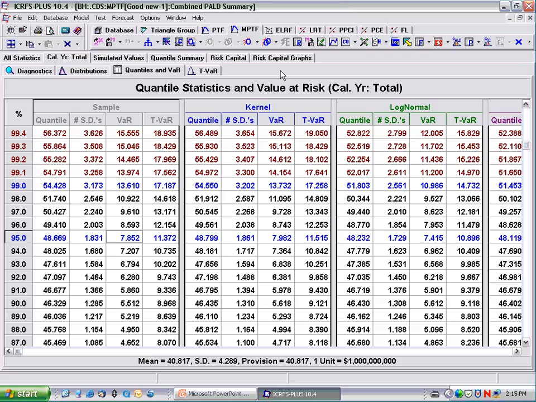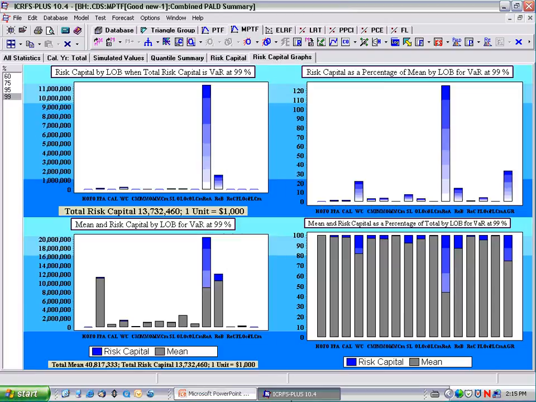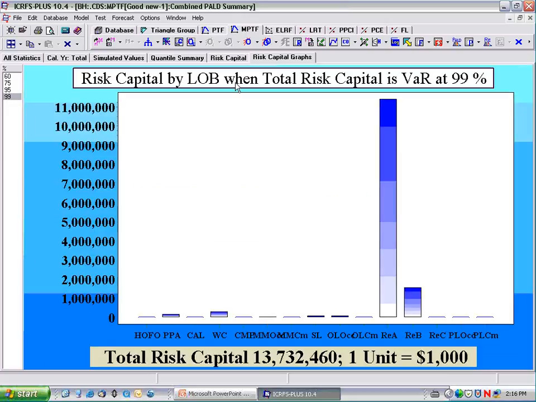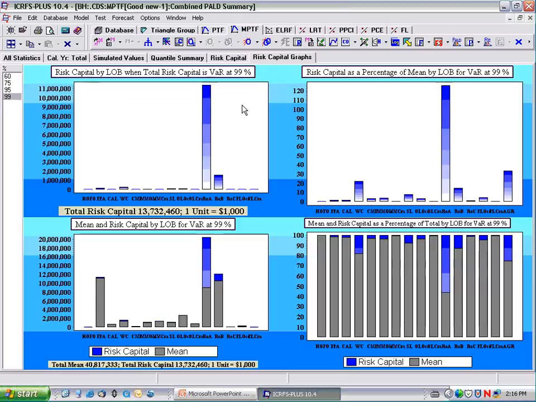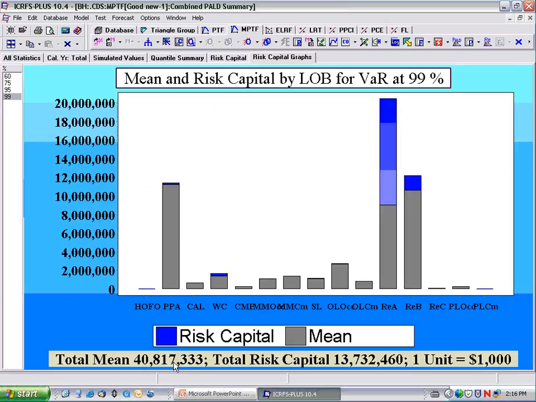We have risk capital graphs. Let's look at those. This is a risk capital at a VAR of 99%. That's the risk capital by LOB when total risk capital is at 99%. So for instance, for REA, the risk capital is 11.4 billion. If you look at this here, the total mean is 14.8 billion.